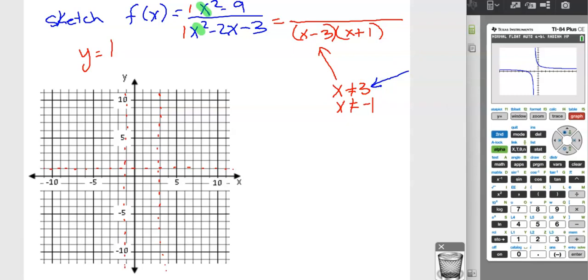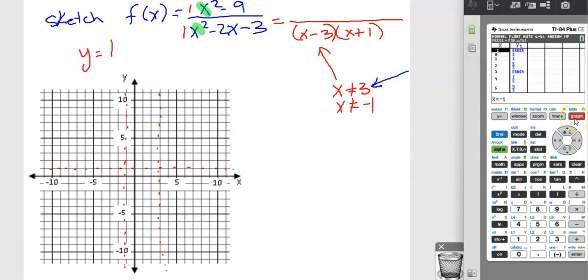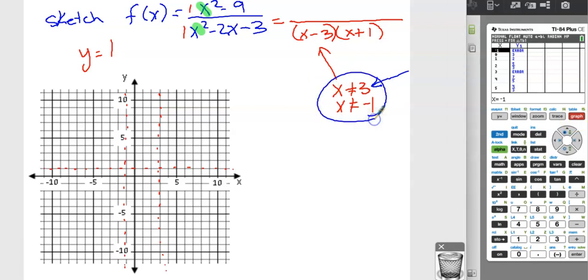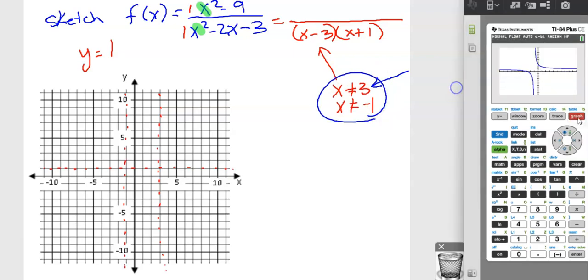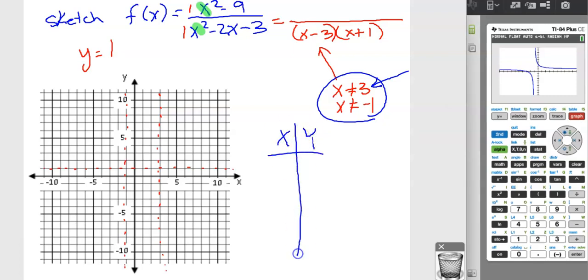What's actually taking place, if you look at this table, x cannot be 3. I absolutely know x can't be 3 because it tells you, and x can't be negative 1. It literally tells you that right there where it says error. So it can't be those numbers, and when you graph this, if you actually zoomed in to x equals 3, let me show you what's happening when you have an XY chart.